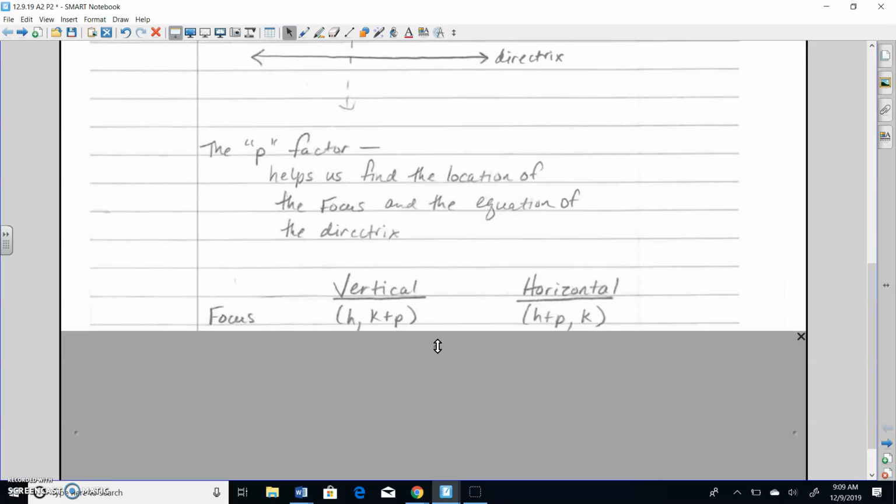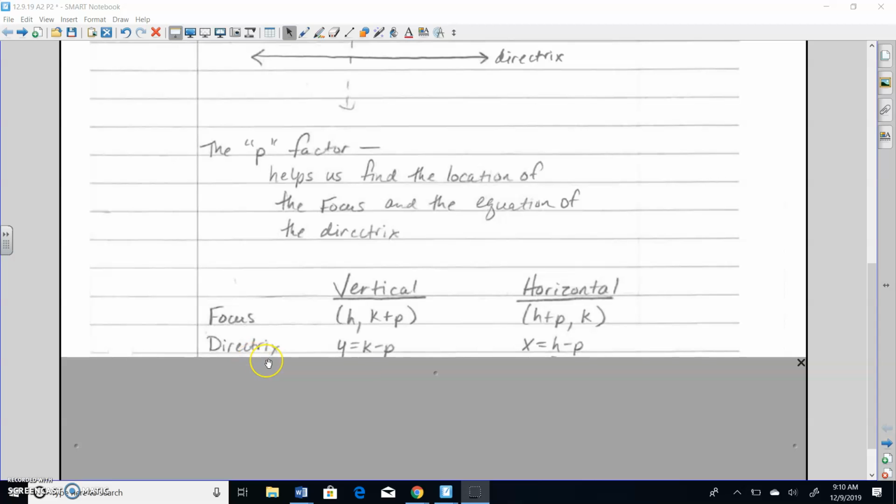For our vertical, the focus point is going to be located at H, K plus P. And then on the horizontal, meaning the parabolas that open right or left, where the y is squared, the focus point will be located at H plus P, comma, K. To find the equation of the directrix line, for vertical, we will use the equation y equals K minus P. And for the horizontal, we will use the equation x equals H minus P.